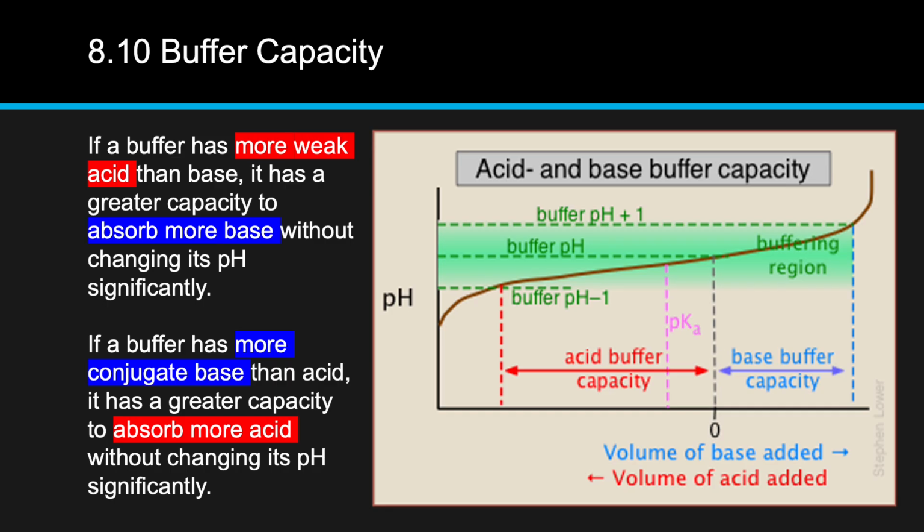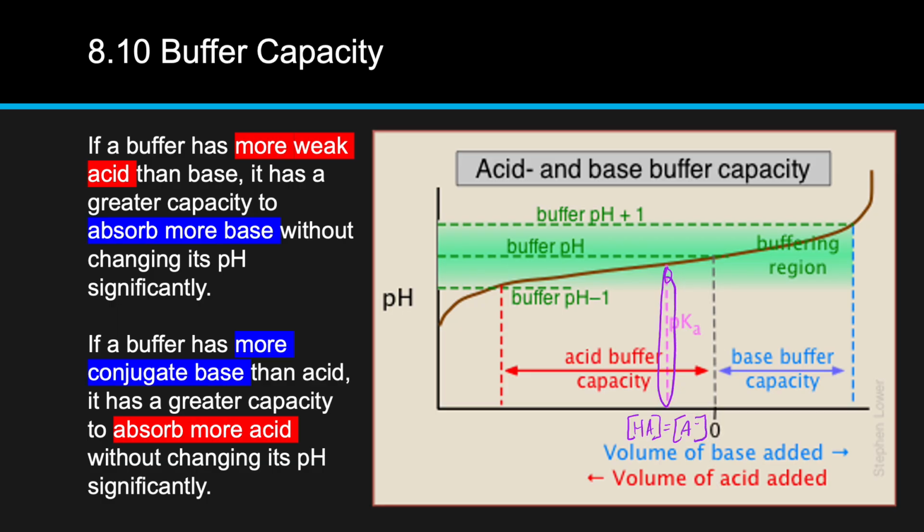The graph on the right helps us visualize this. Looking at this graph, we can see our pKa value in pink in the middle there. Remember, this is when the concentration of weak acid is equal to the concentration of conjugate base.